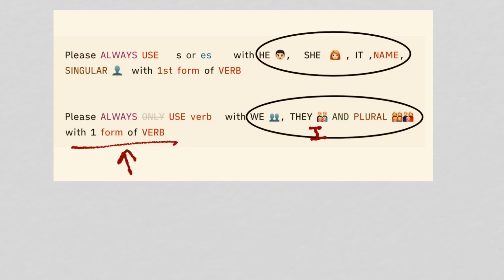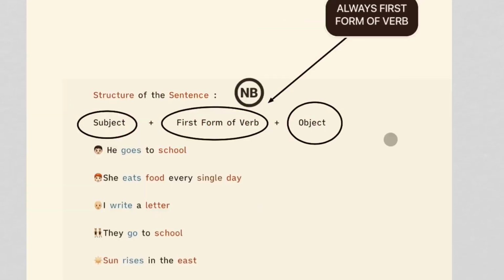Now we don't need to write s or es. Just the first form of the verb. So let's have a look. I write a letter. In this one, just the first form of the verb. I can say, I write a letter.